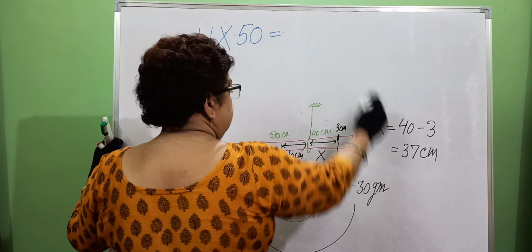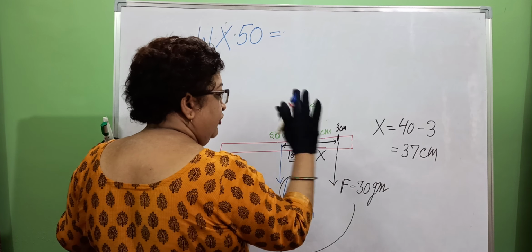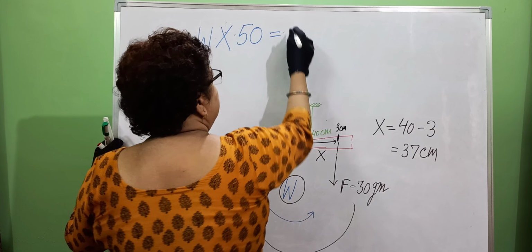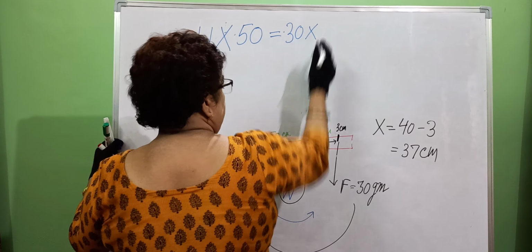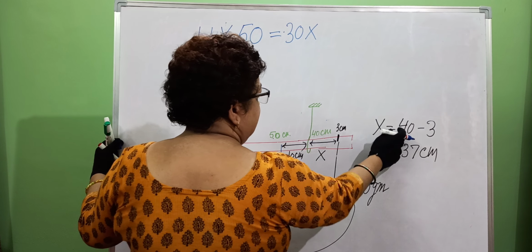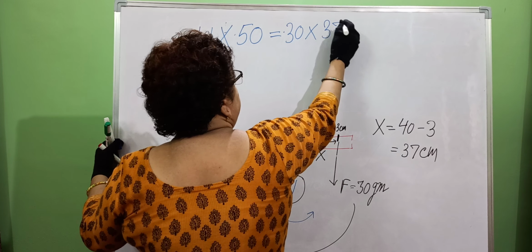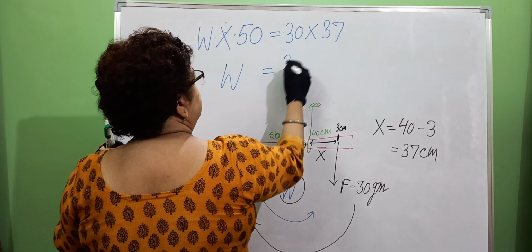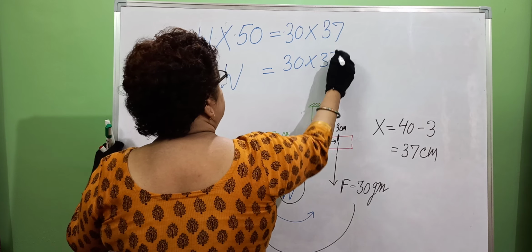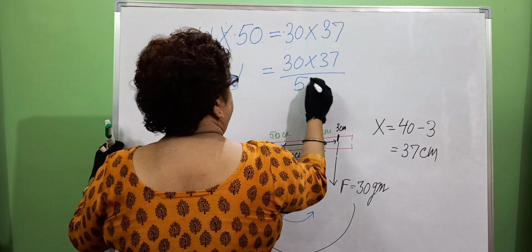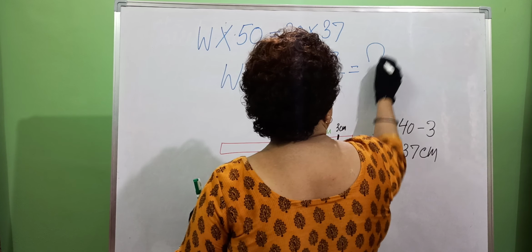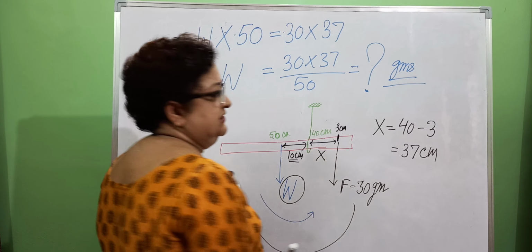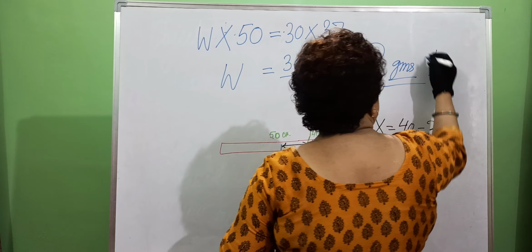This must be equal to the clockwise moment. For the clockwise moment, the force acting on the scale is 30 into the perpendicular distance x, which is 37. Now you can calculate the weight as 30 into 37 upon 10. Whatever is the answer, that many grams will be your result. Weight of the scale.